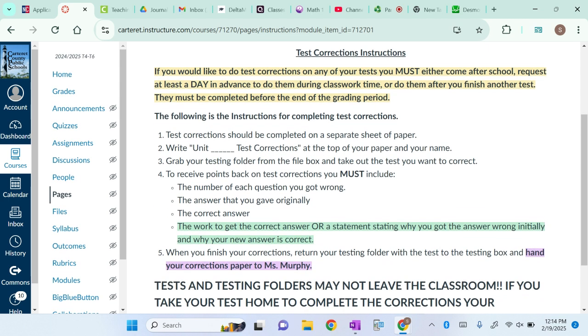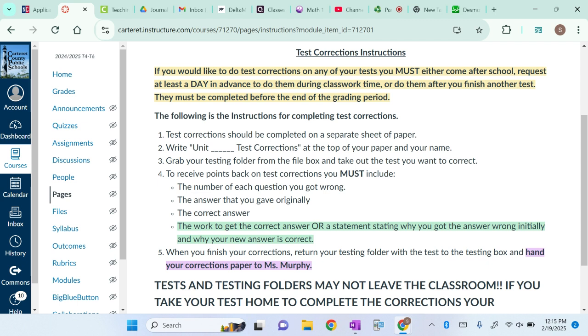The thing about test corrections is your test cannot leave this classroom. So you either have to do them in class, or come after school, or come during your lunchtime to do them. I will not take class time to do test corrections. You have to do them on your own. But they cannot leave the classroom. So you can do them during classwork time, you can come after school if you like, you can come during lunch. I don't really care.